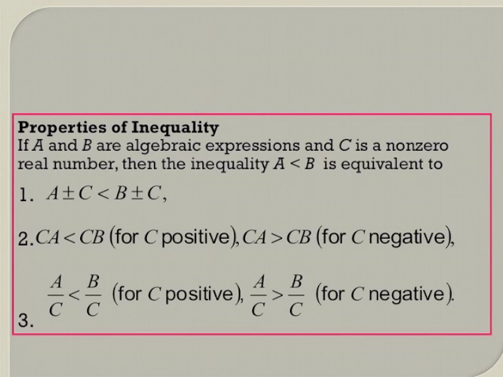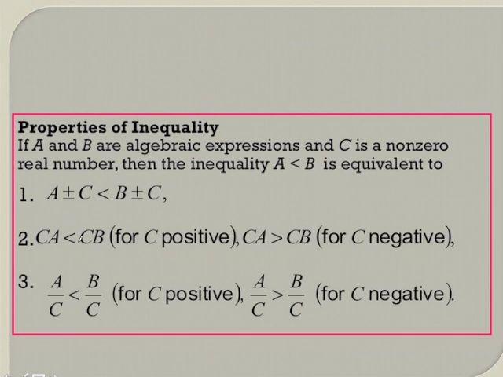If A and B are algebraic expressions and C is a non-zero real number, then if we have A is less than B, we may add or subtract the same thing, the C, to both sides, and the inequality will stay the same.